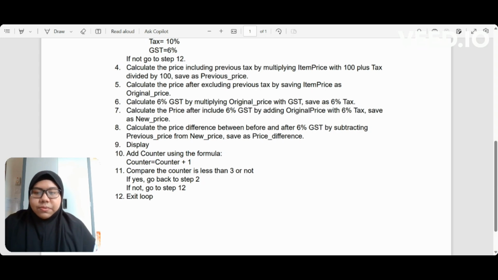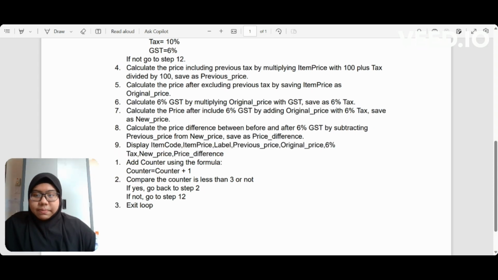So in the mathematical formula it would be new price minus previous price, and you will get the price difference. Next, we display item code, item price, label, previous price, original price, 6% tax, new price, price difference.